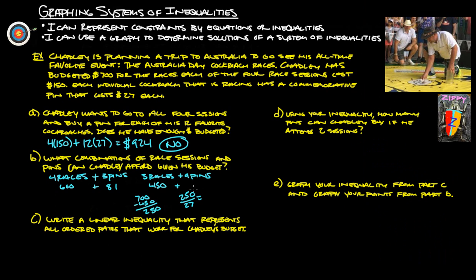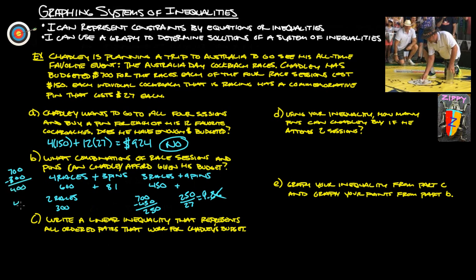And then he could also potentially do 2 races, which is $300, and that leaves him $400 for the rest. So we take 700 minus 300, leaves us with 400.